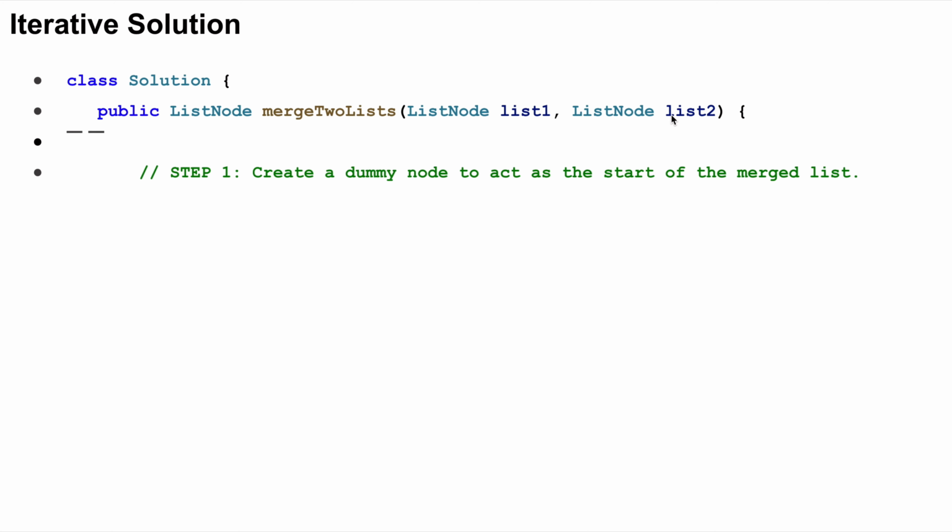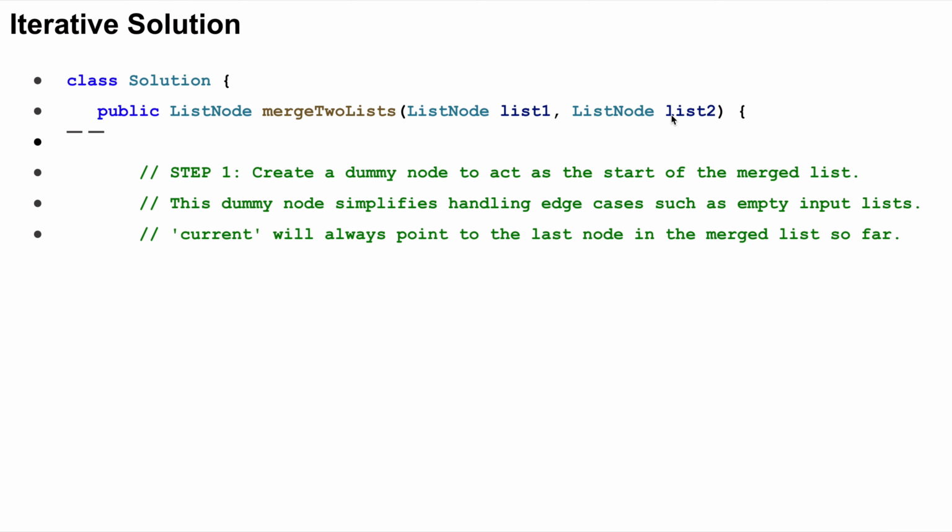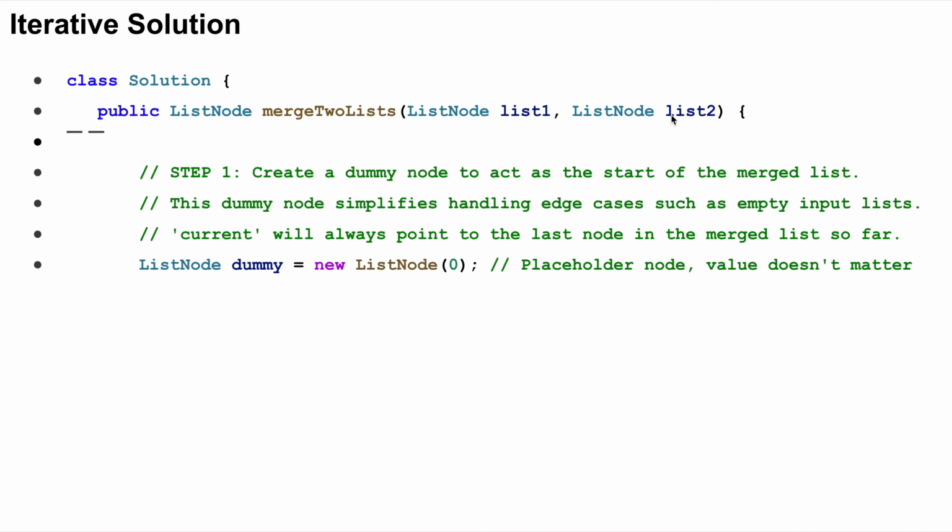This will help us handle the head of the result list. This dummy node simplifies handling edge cases such as an empty input list. Okay, and then we will have a current pointer that will always point to the last node in the merged list so far. So how are we going to define it like this.